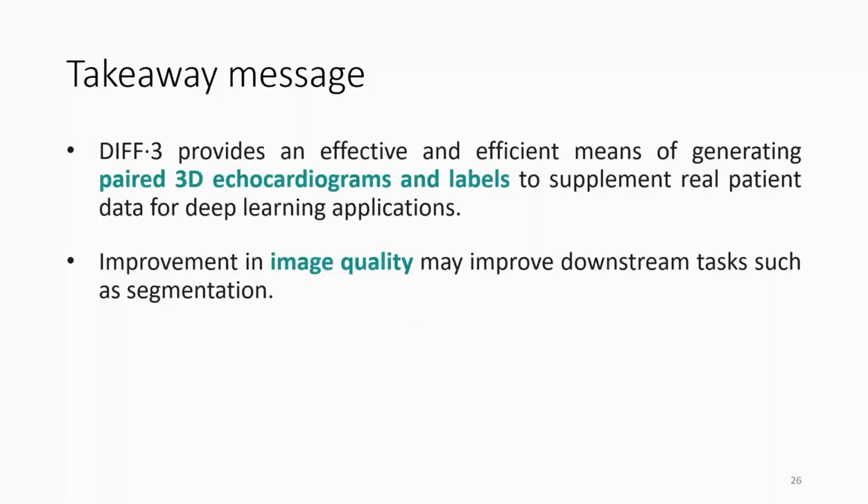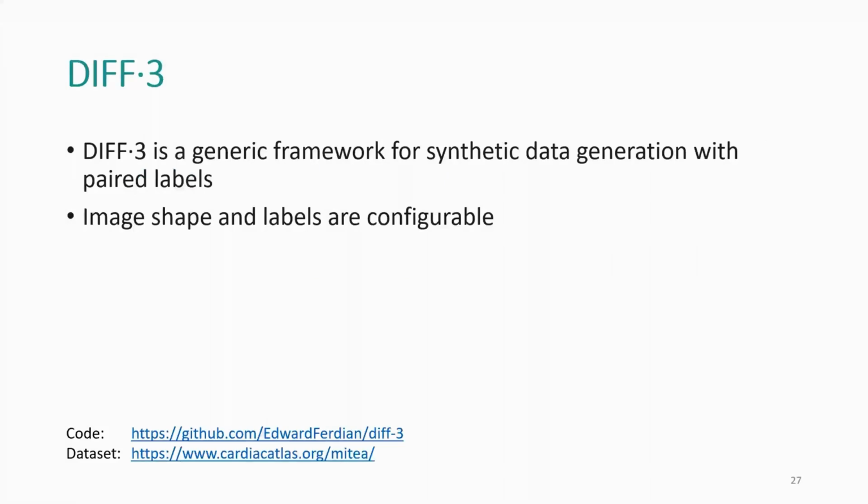Okay. The takeaway message is that DIFF-E provides an effective and efficient means of generating paired 3D echo and label, and improved image quality may improve downstream tasks such as segmentation. And DIFF-E is actually a generic framework for synthetic data generation. You can download the code on my GitHub.